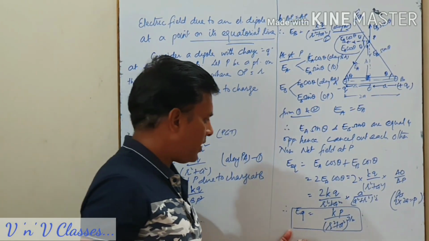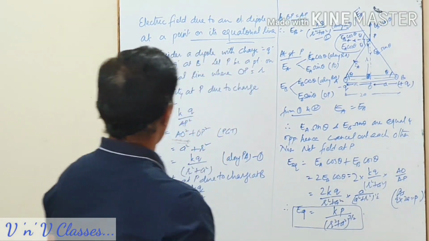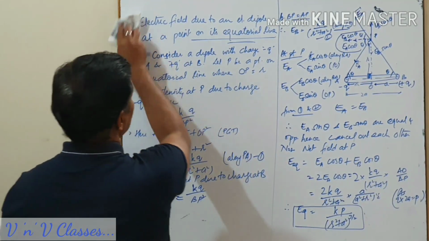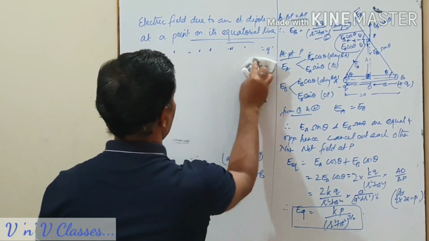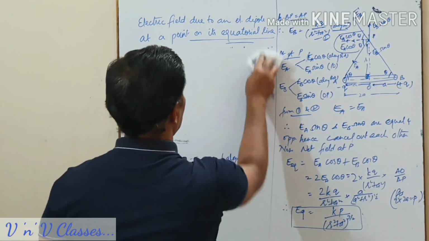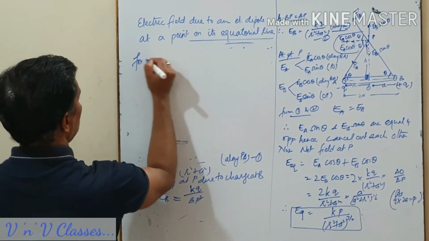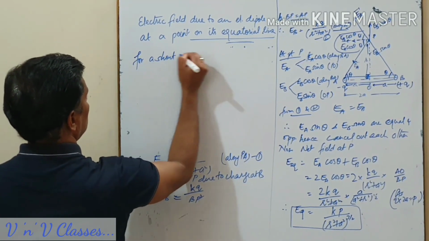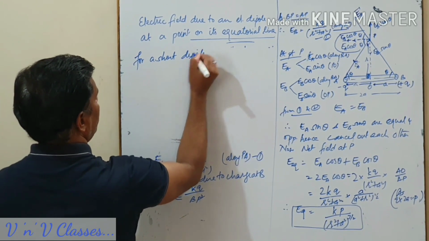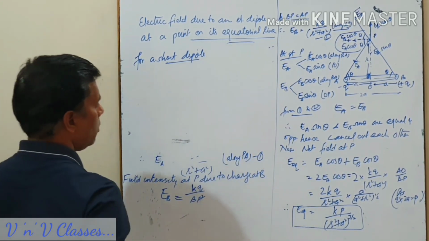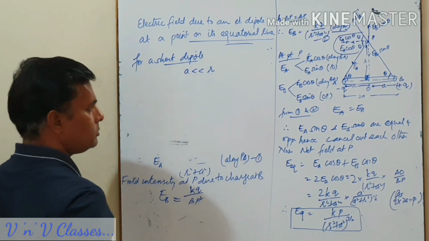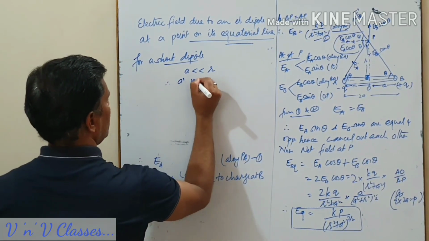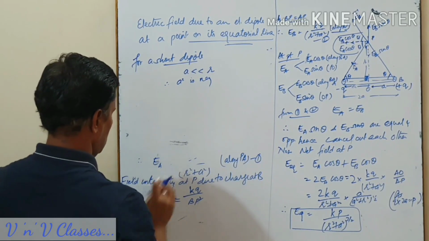Now this is the field, so we can work it out for the short dipole as well. What is that? Now for a short dipole, in the previous video also we had discussed that short dipole means A is very small as compared to R. So therefore A square is negligible.